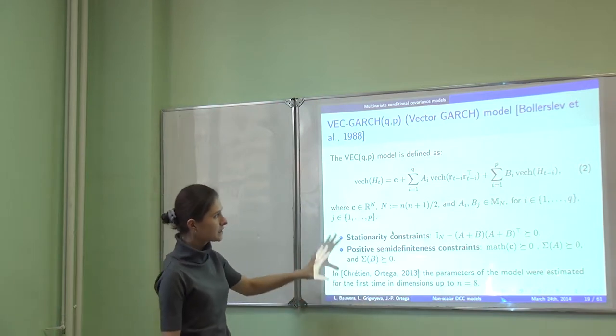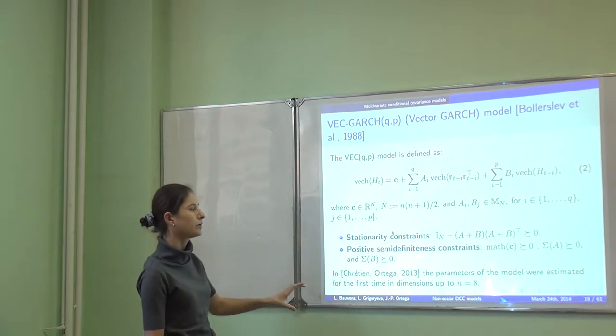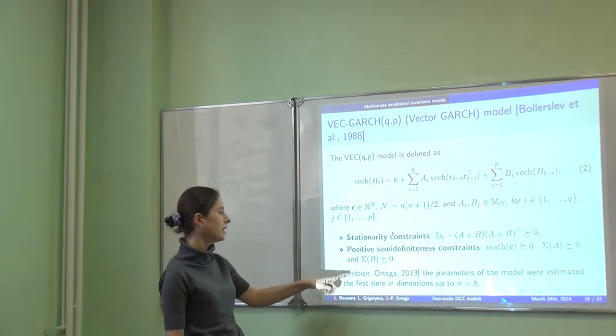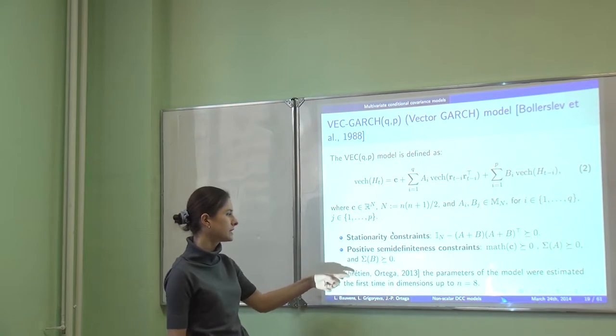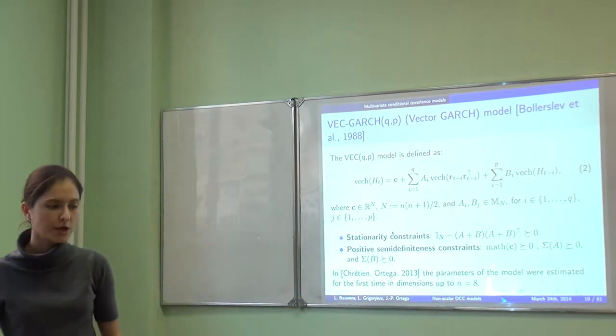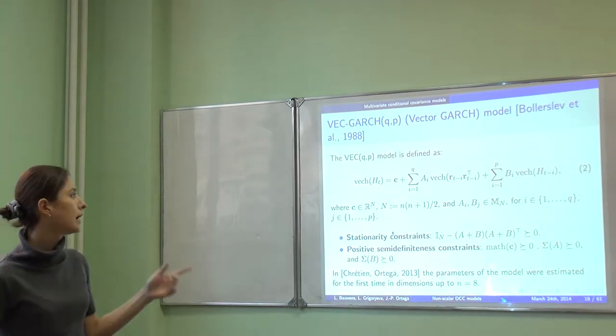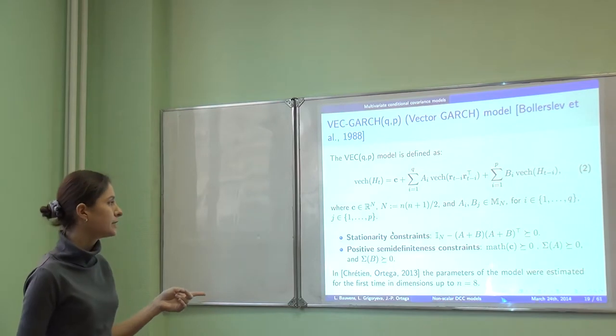This is something that we used in this current work, because this is something that Juan Pablo with Stéphane Chrétien did in 2013 in their paper, where they suggested an estimation method that can be used for these kinds of models in the higher dimensions.